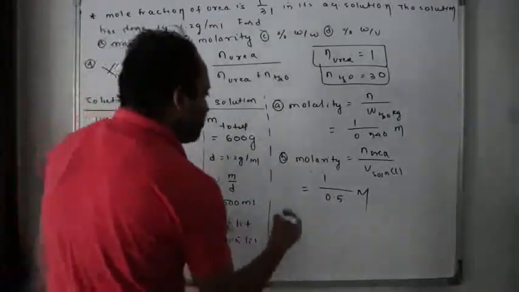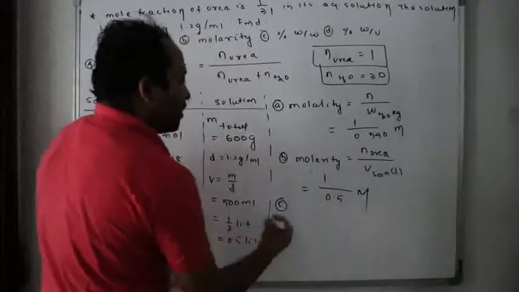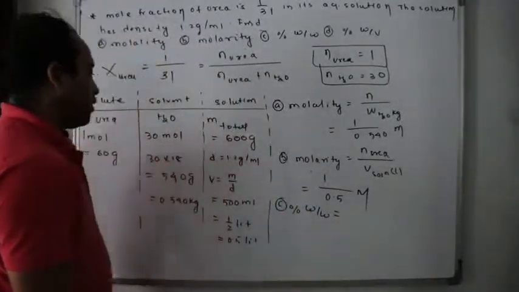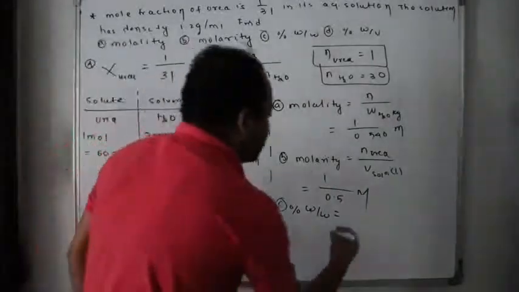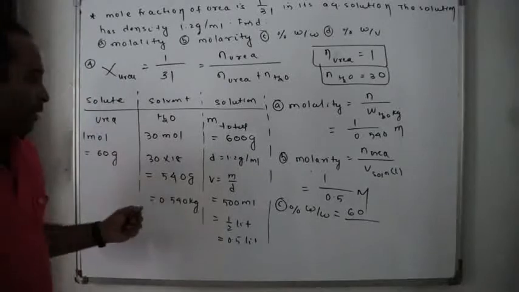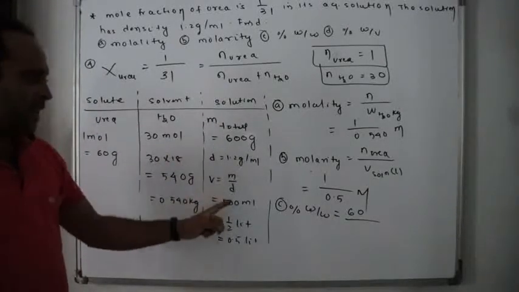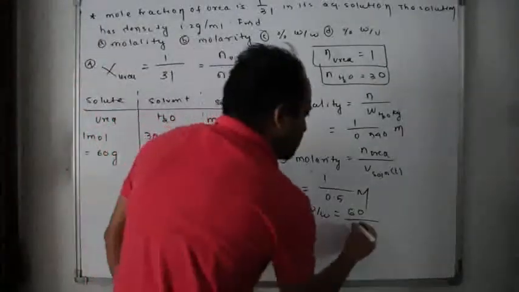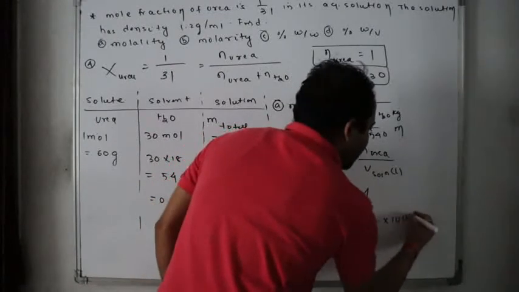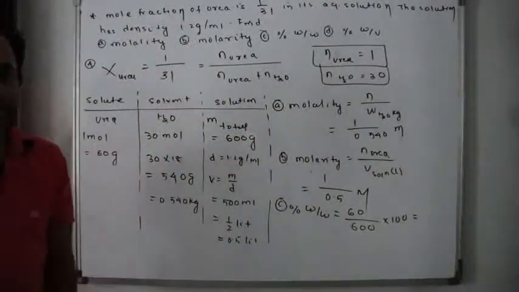Now C, percentage W by W. Weight in gram of the solute, how much? Weight in gram 60 by weight of the solution in grams, 60 by 600, into 100 is equal to 10%.